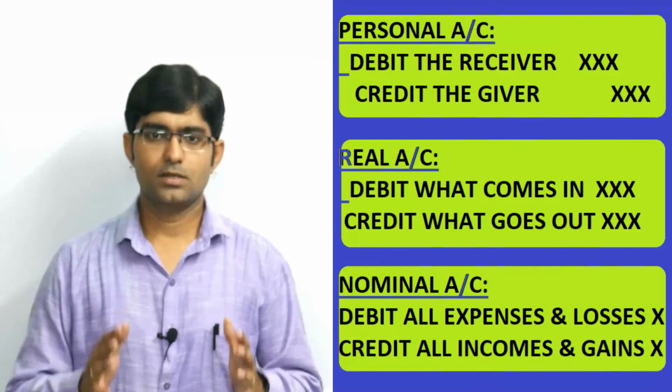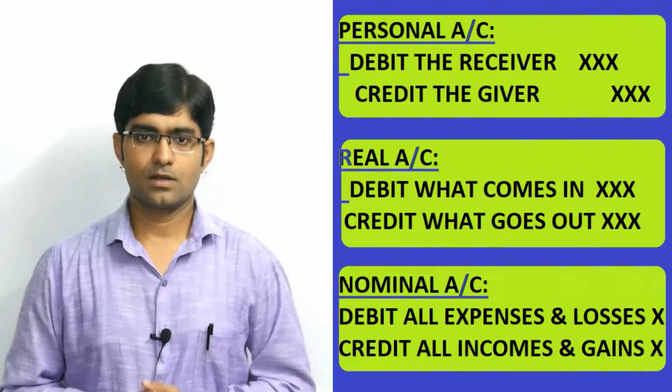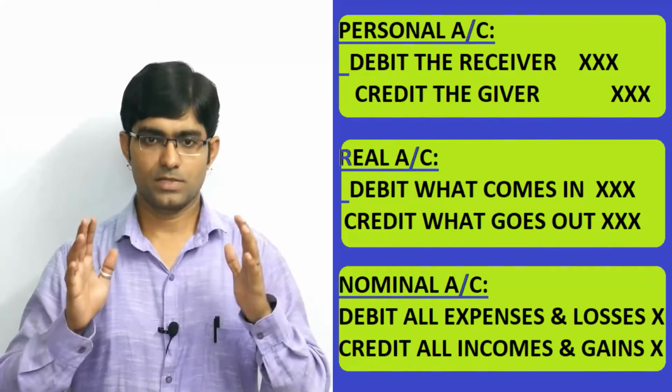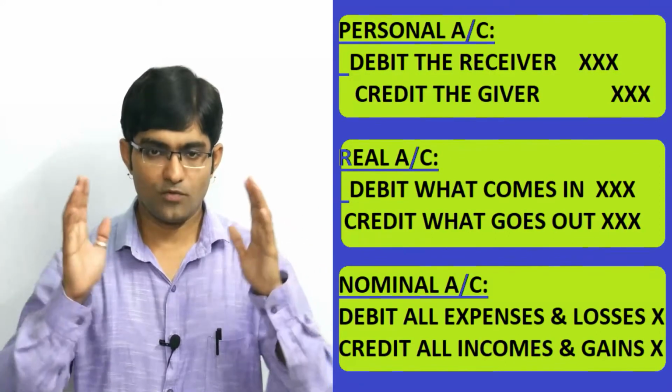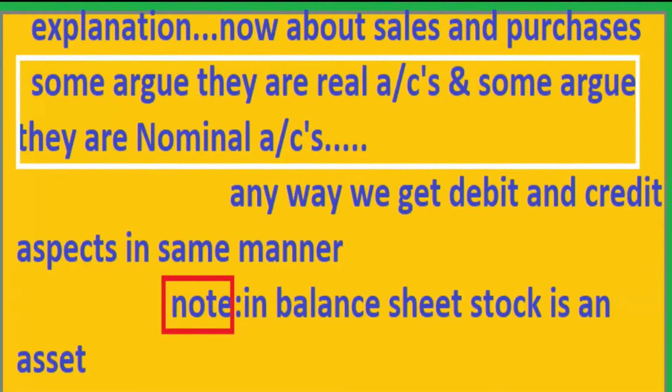Let's start to write journal entries to some transactions. Students, before moving to journal entries, I want to explain about purchase of goods and sale of goods because students get confused here. There are differences of opinion.